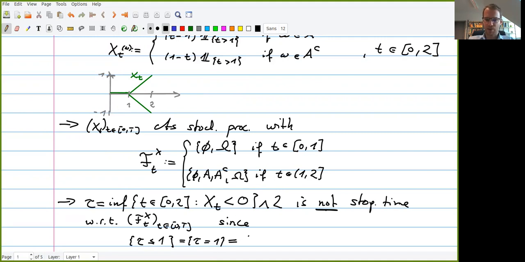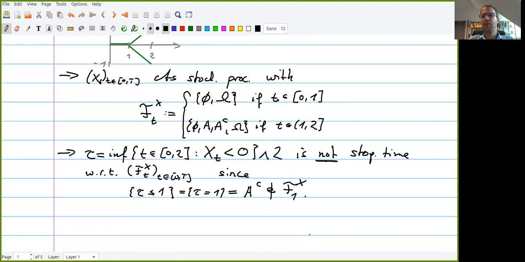So this happens on the event A complement. But A complement, if I look at my natural filtration, is not included in the filtration generated by the process X at time 1. So this is not a stopping time.